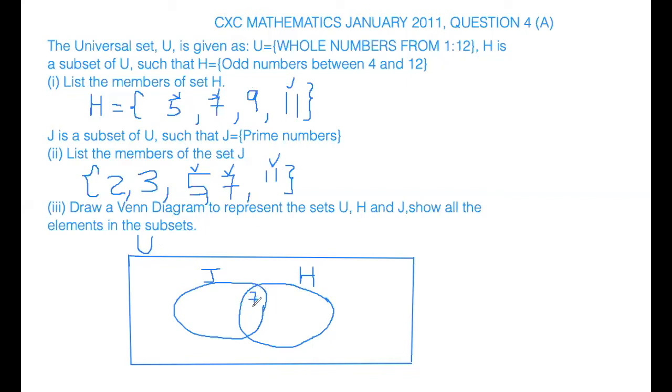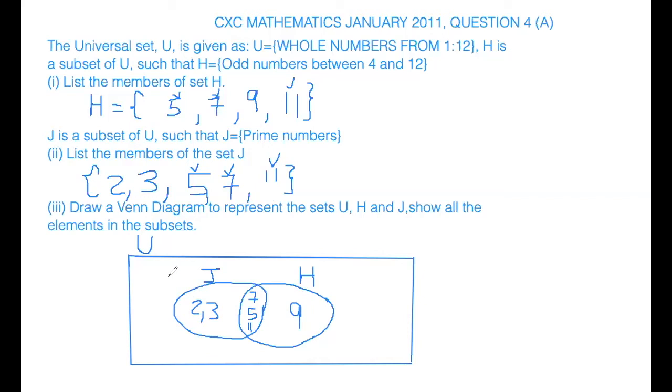Those are the three numbers used by both set H and set J. What is left? In set H, just the 9 is left. And in set J, we have 2, 3, and that's it.